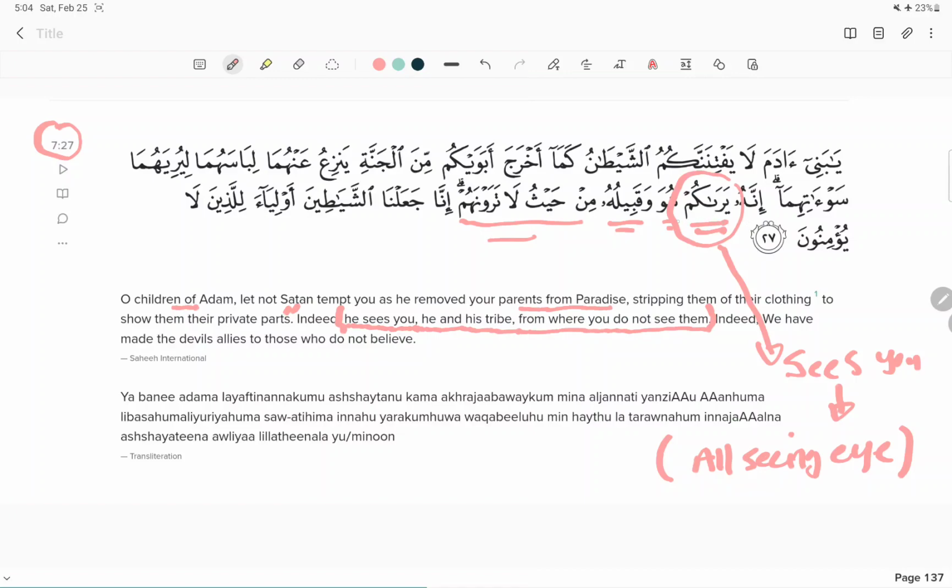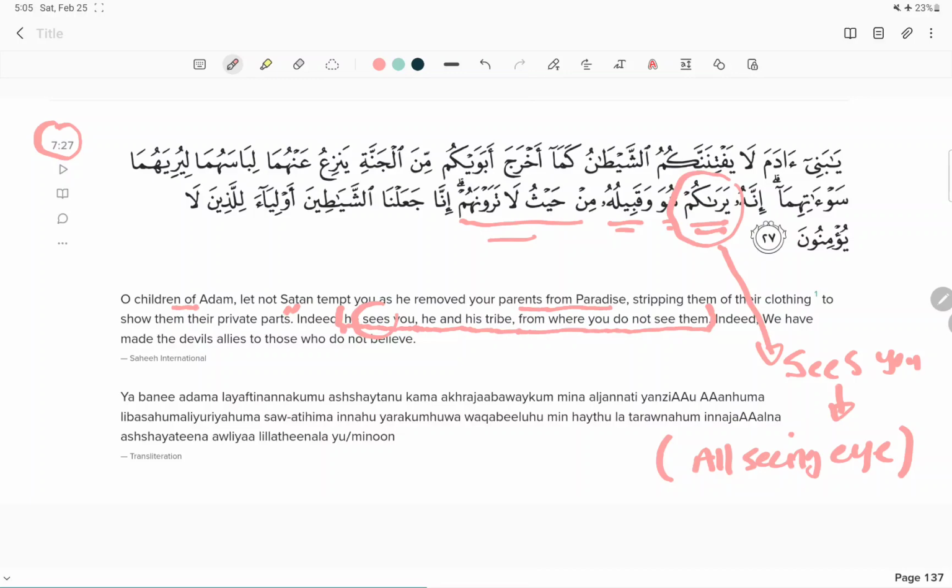He sees you, and his clan, they see you. So what sees you is that eye that sees you. So what is that? Allah is basically telling us the symbol. Allah is describing this all-seeing eye for us. The all-seeing eye is seeing you.